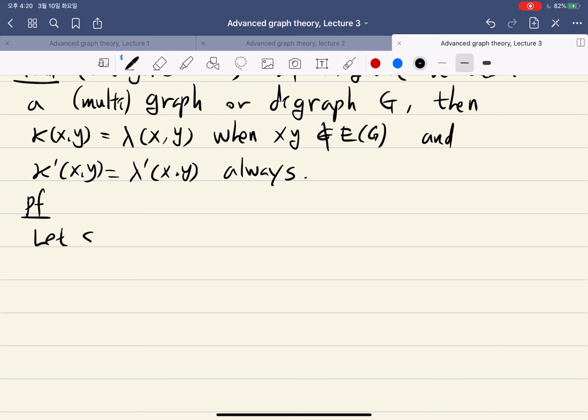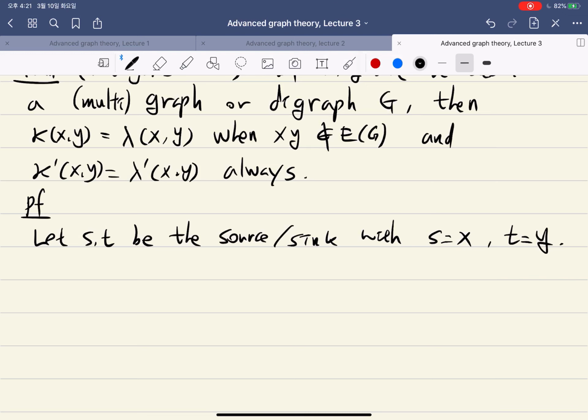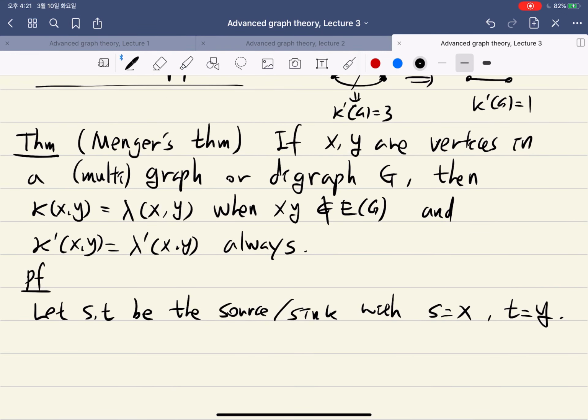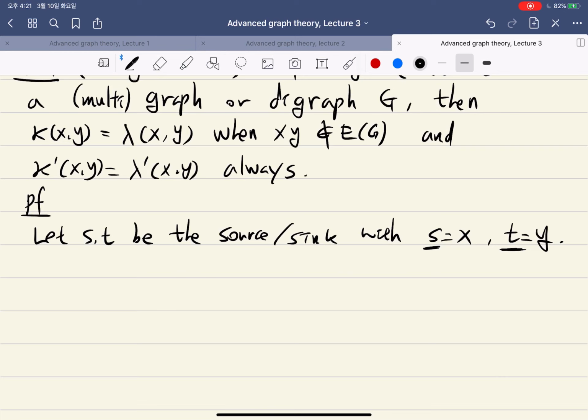So let S, T be the source and sink with S being X and T being Y. Since we are interested in the paths between X and Y, it's natural to take X as the source and Y as the sink.